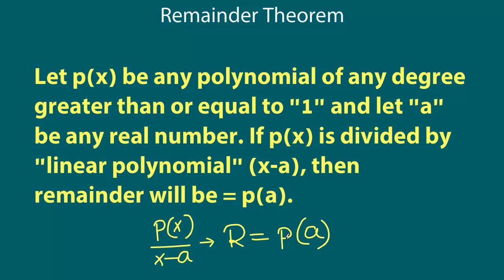So if we find out the value of the polynomial at x equals a, this gives us the remainder of this actual division. This is what the remainder theorem tells us, right?